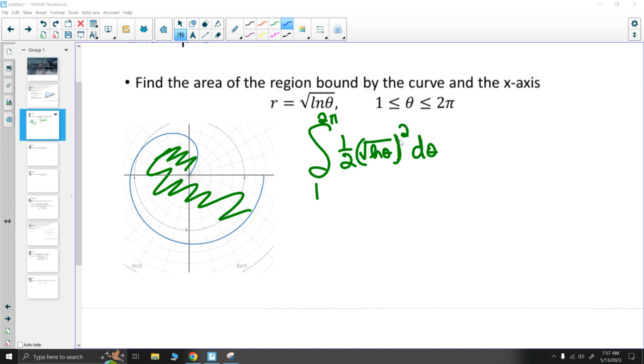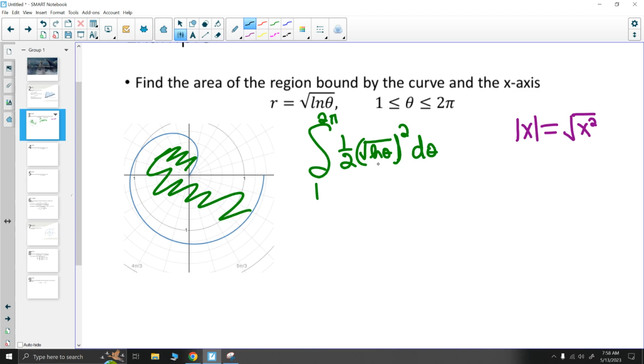Squared and square root cancel, but not fully, because if you recall, one of the definitions for the absolute value of x is that it is equal to the square root of x squared. So when you take the square root of a squared quantity, it's actually going to be an absolute value.